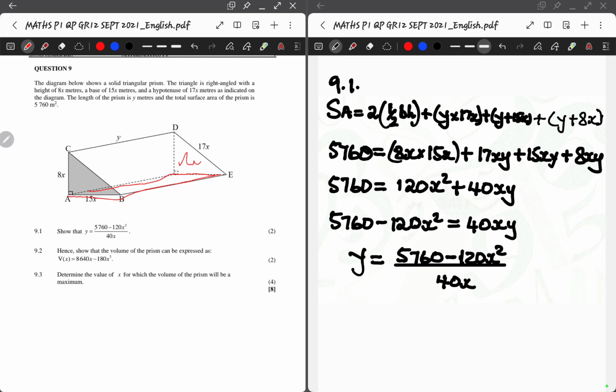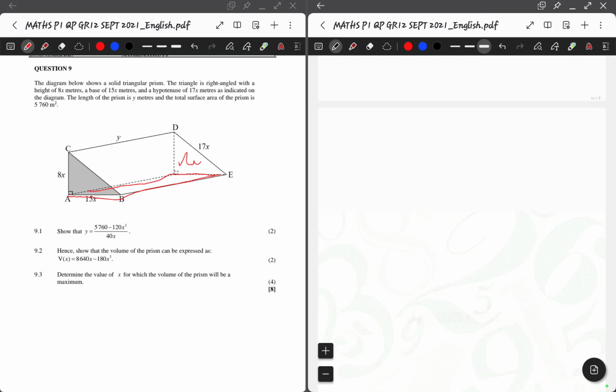Okay, let's move. 9.2, they say hence show that the volume of the prism is that. Now what we're supposed to do here, we know that volume would be area of the base times height.